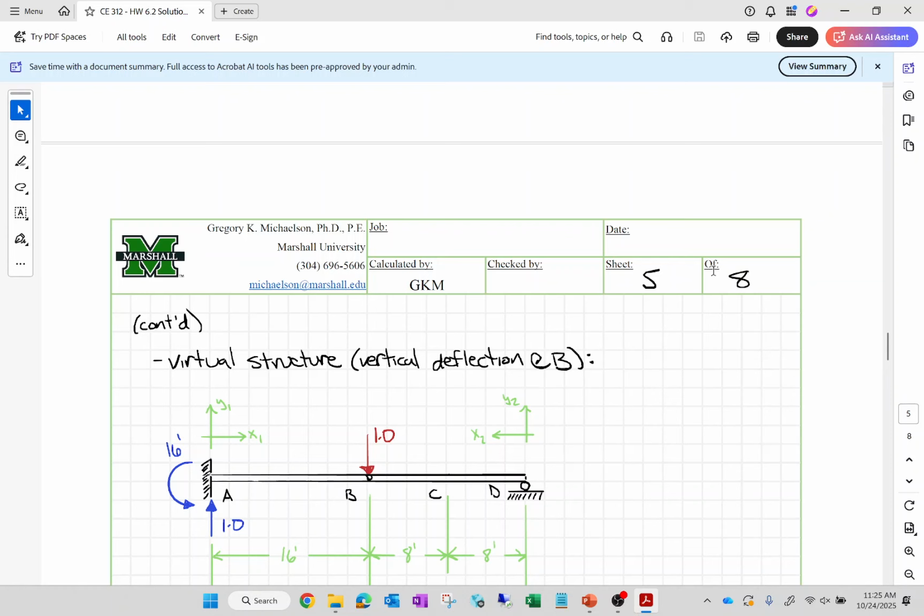So, let's start off. Sum forces in the x direction. Ax is 0. Don't have to worry about that. Okay? Now, I want to be clear about something because I think this is a misconception that happens a lot on homework and on exams on Monday.